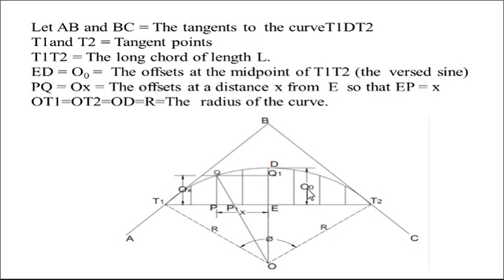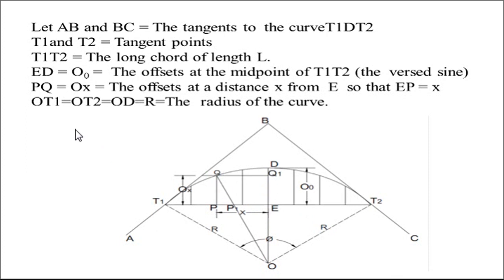Next, PQ is equal to Ox, the offset at a distance x from E, so that EP is equal to x. This is point P and this is point Q on the curve, and this offset is Ox, taken at a distance x from the mid ordinate point E.